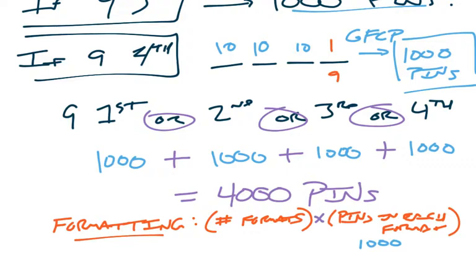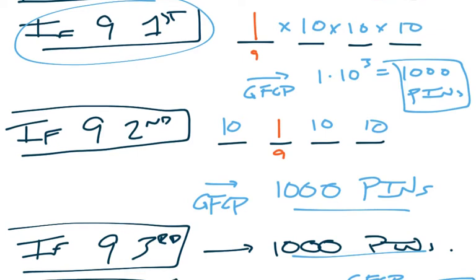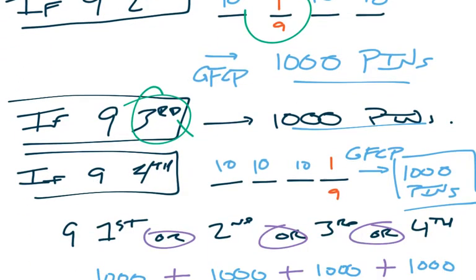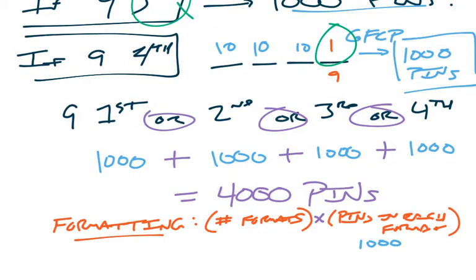Now the number of formats. All right, how many different places could that 9 be? Well, it could be first. Sorry, that was meant to be green. It could be first. It could be second. It could be third. Or it could be fourth. That's 4 different places that this 9 could appear.